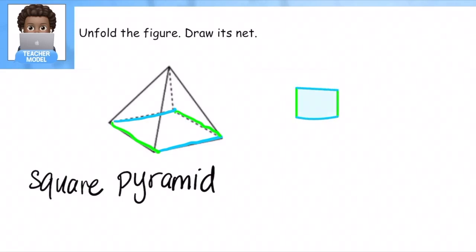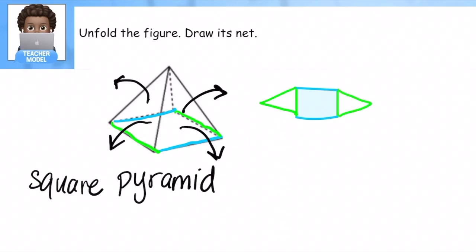And because it has 4 sides, I know that when I'm unfolding it, I'm going to have 4 of these on each one. It's going to fold back, kind of opening up like a flower. So I'm going to have a triangle here, a triangle here, a triangle here, and a triangle here.